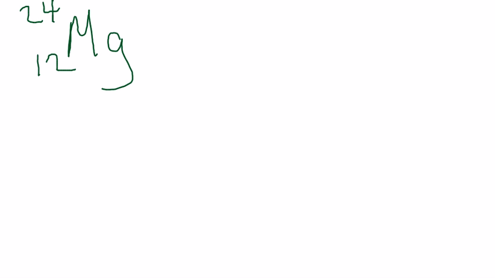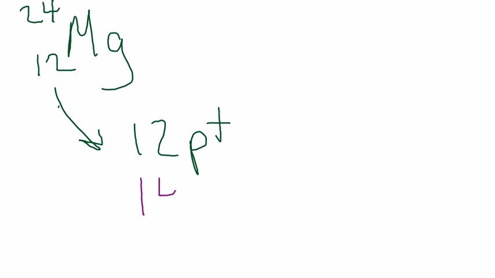So here, this tells us that we have 12 protons. What if this magnesium, instead of having its 12 electrons, like it would if it was neutral, had 14 electrons? What would that mean?